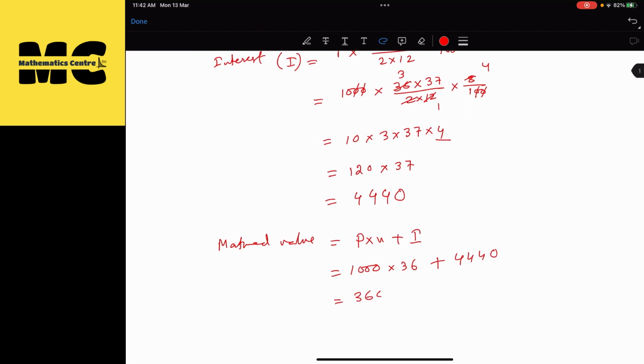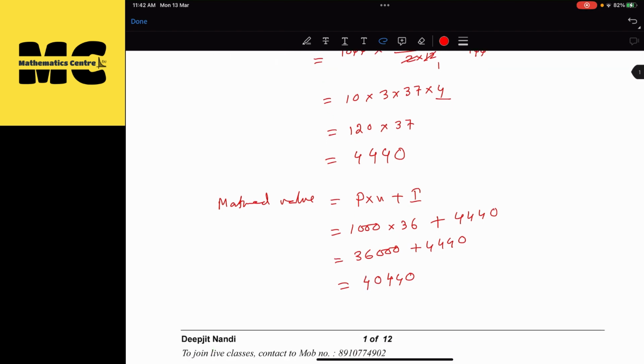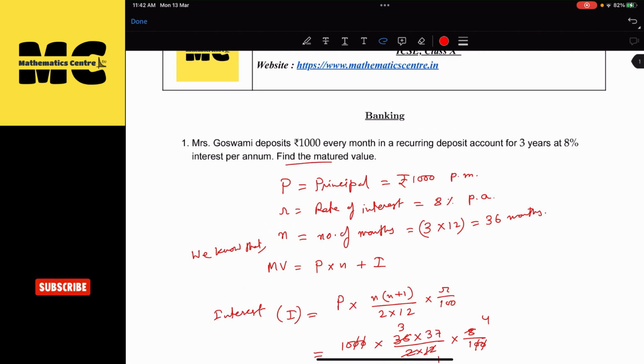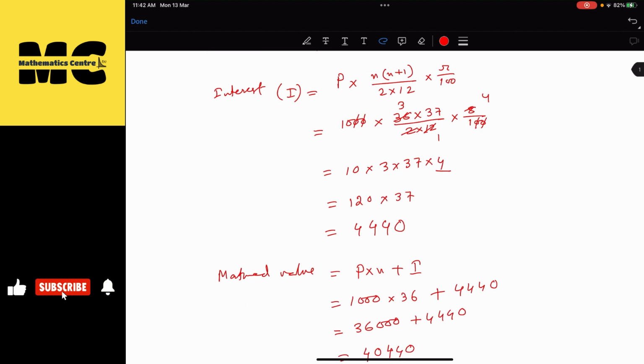It is 36000 plus 4440, that is 40440. Okay, so that is the matured value which is asked in the question. To find the matured value, we get the matured value, and this is the answer.